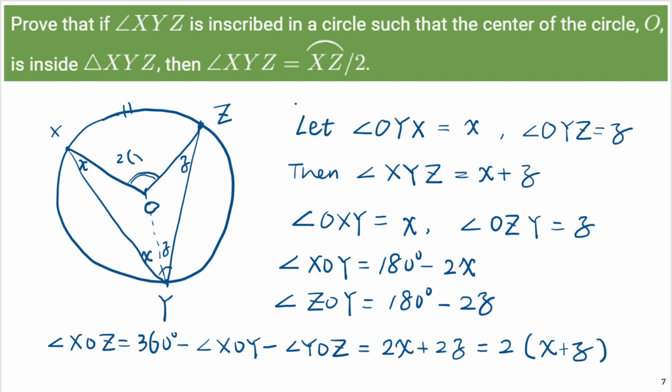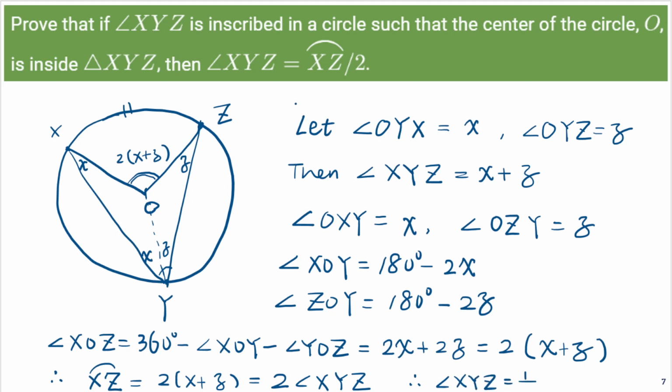Therefore, we have proved the arc XZ equals 2 times x plus z, which is twice the angle XYZ, right? Therefore, we have angle XYZ equals 1/2 of the arc XZ. So this angle here is always half of the corresponding central angle. Did you get it?